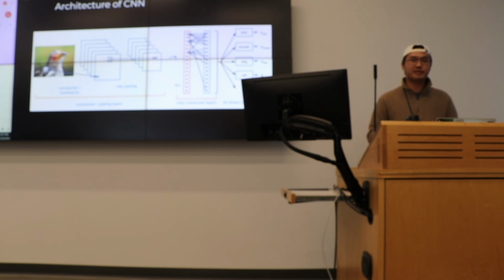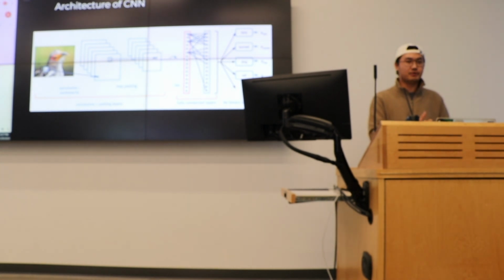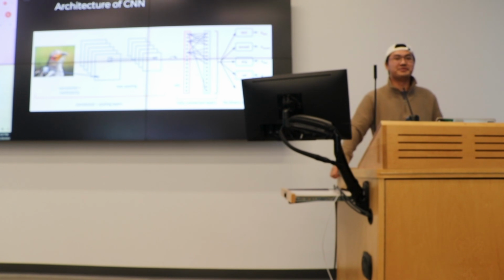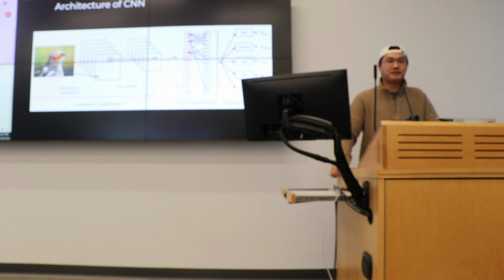Here's a hint: just think of channels, like I mentioned earlier. It's a 3D matrix, so what would be the full dimensions of this matrix? It should be pretty simple, since I already gave you 7 by 7 earlier. Just think of the channels.